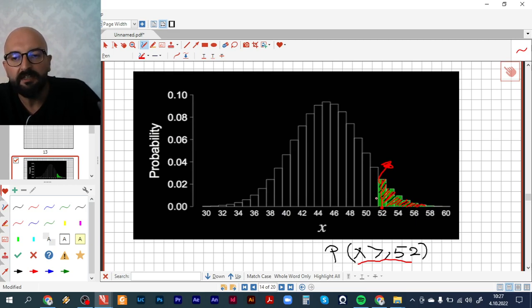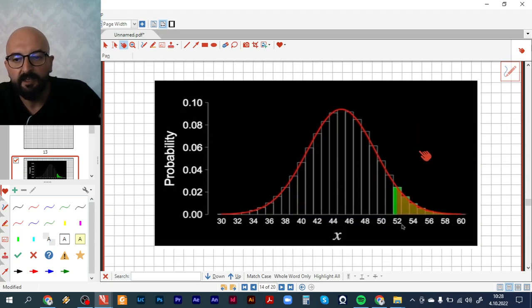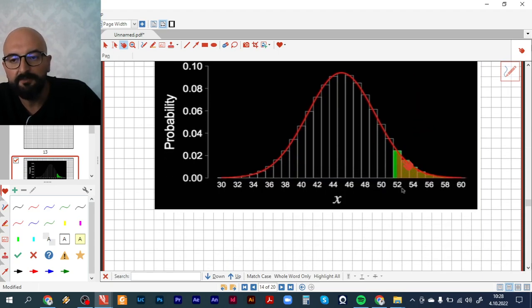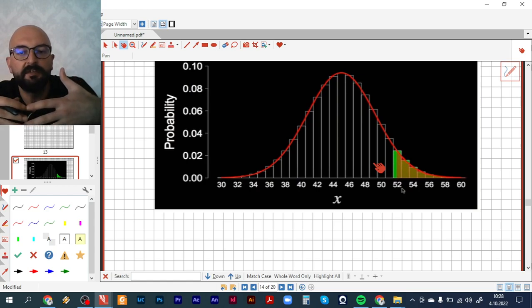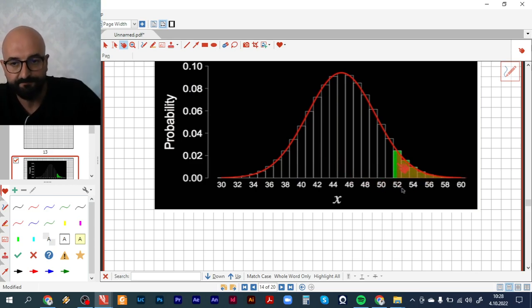So we need the continuity correction, and if we add this green area, we will find a value very close to the exact value.